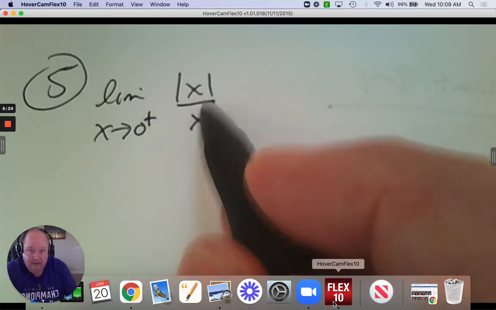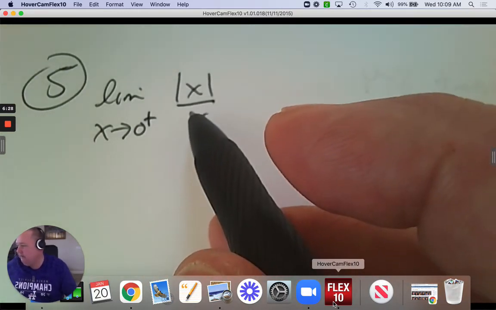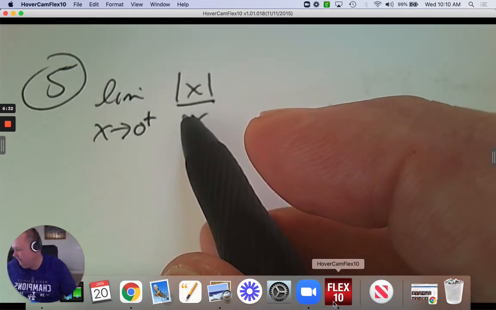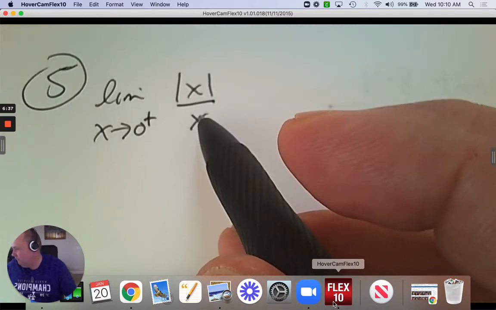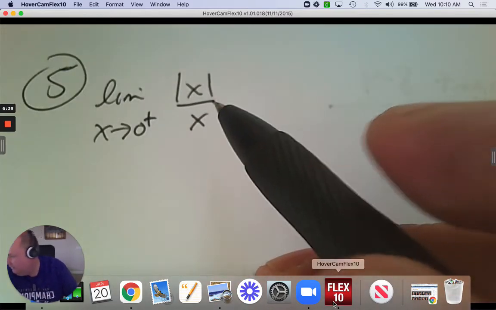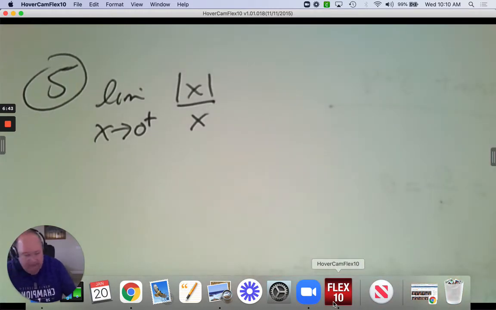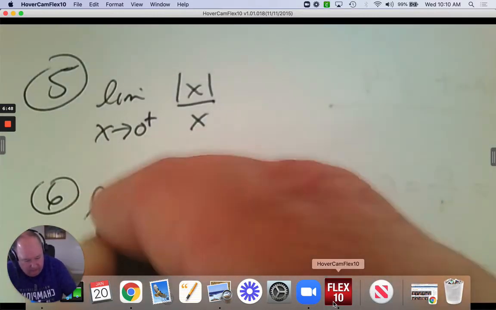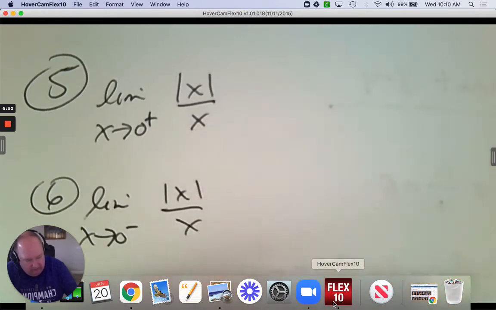It is indeterminate as such, but with the absolute value bars, whenever you see absolute value, try to graph it if you can. So 5, 6, and 7 are all connected. So the graphs for 5, 6, and 7 are going to be helpful. Whenever I see absolute value bars, I think the graph is going to help me.